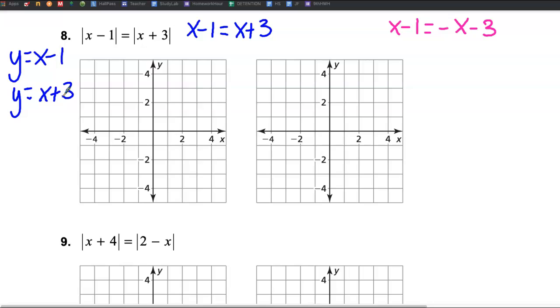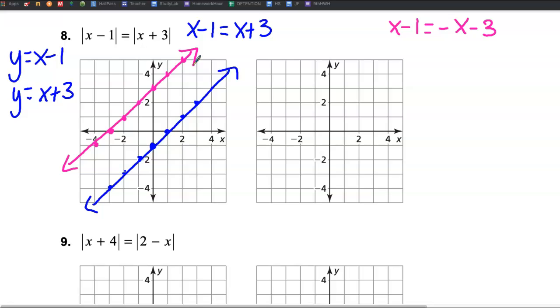If we graph it. Okay, check to make sure you got what I got on the first one.